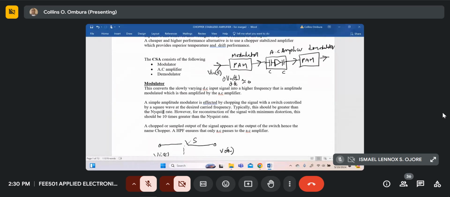So for example, if the input signal is 1 kilohertz, and you sample this signal, for me to reconstruct this signal with little distortion, I need to sample it at least at 2 kilohertz. But that is at the limit, not practical. In most cases, we want the reconstructed signal to have minimum distortion.